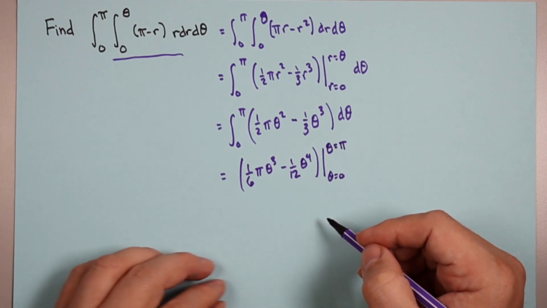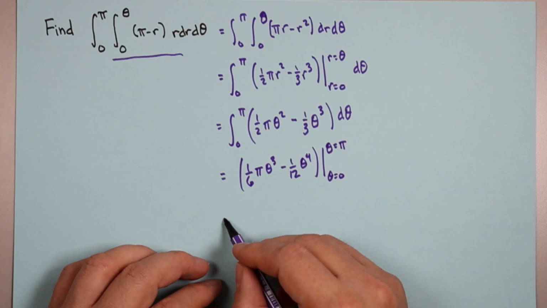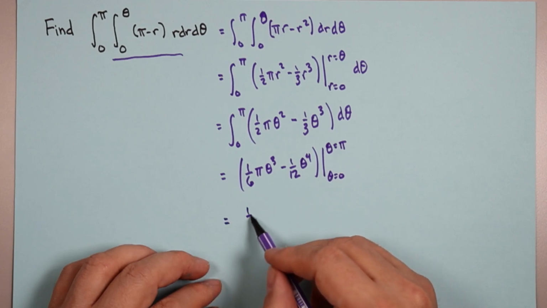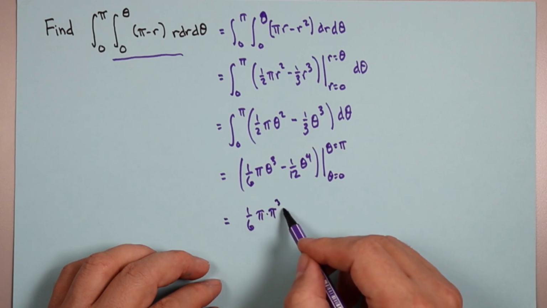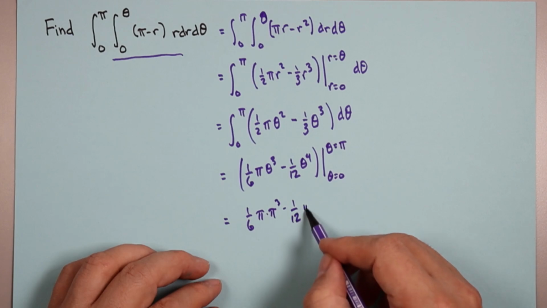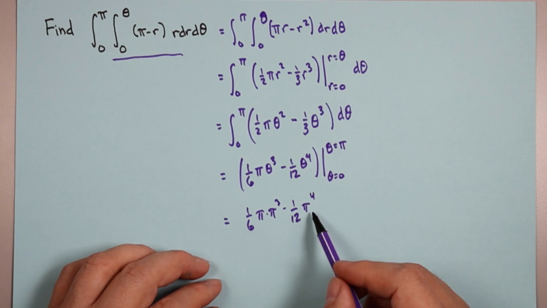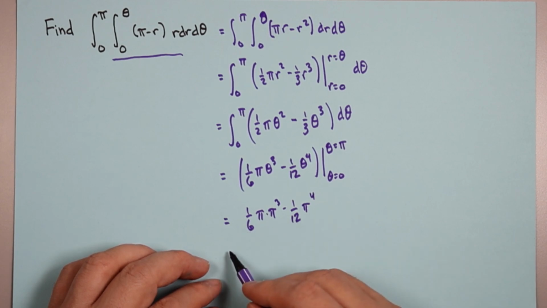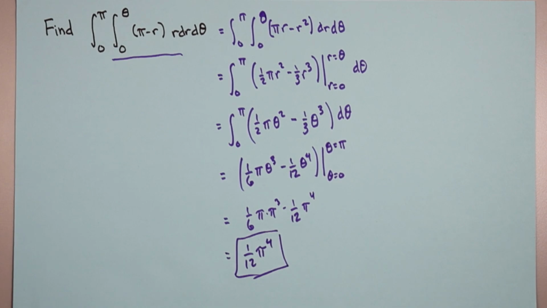Plug in 0, you get 0. Plug in pi, and you get 1/6 pi times pi cubed minus 1/12 pi to the 4th. That's pi to the 4th in both terms, and 1/6 minus 1/12 gives you 1/12 pi to the 4th. And there you go.